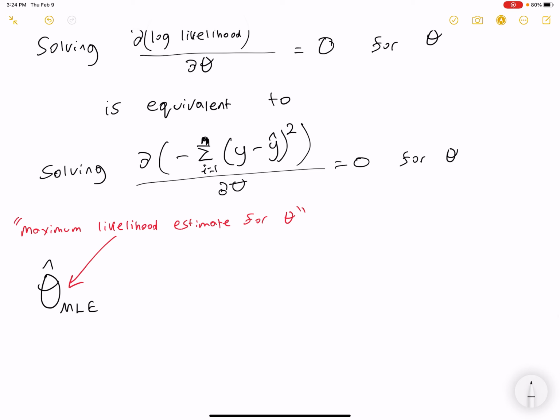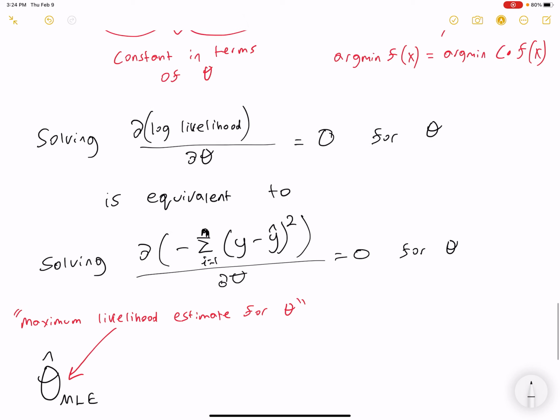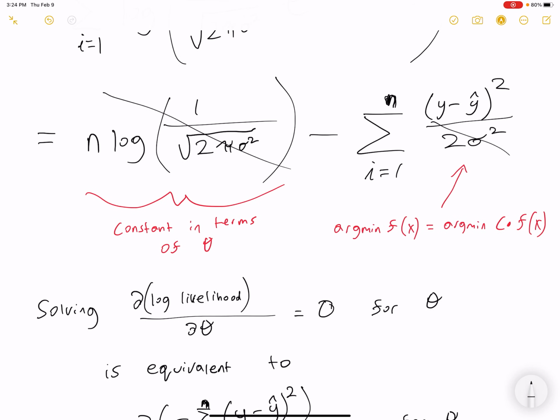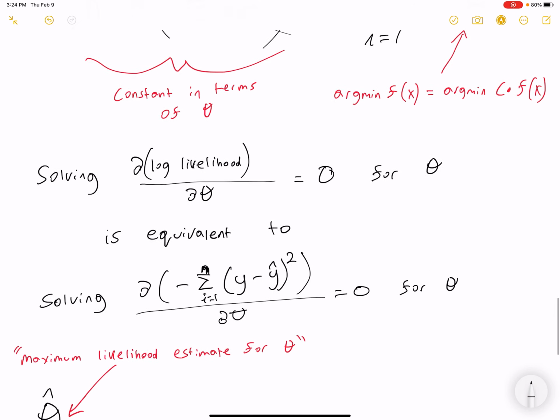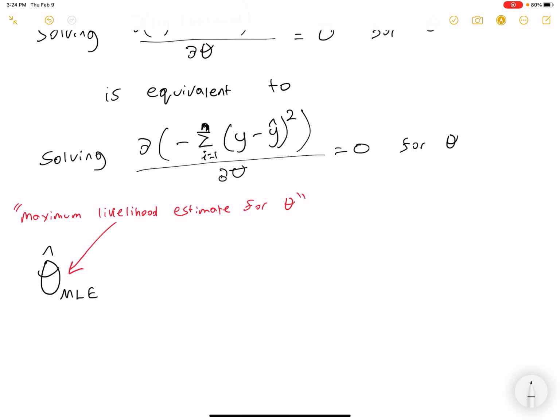Although technically it doesn't really matter, because again it's just a constant: the argmin of a constant times f(x) is equal to the argmin of f(x).